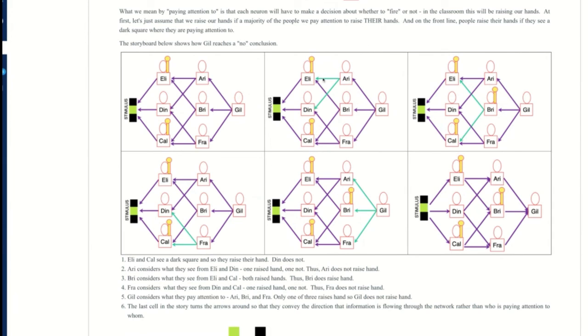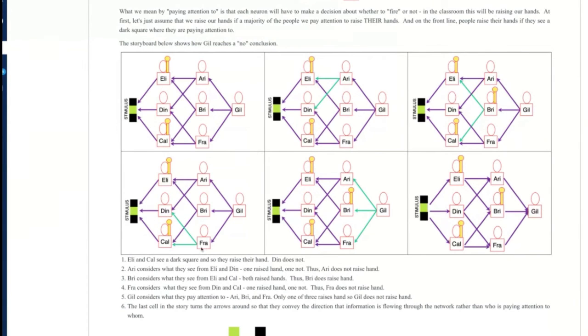So now we're over at number 2 here. So here's Ari looking. And Ari says, well, that's a little bit of signal, but it's not enough for me to raise my hand. And then Bree looks at Eli and Cal, and Bree says, whoa, everybody I'm looking at has raised their hand, so I'm going to raise my hand. And then finally, Fra over here looks at Din and Cal. Cal has raised their hand, but Din has not.